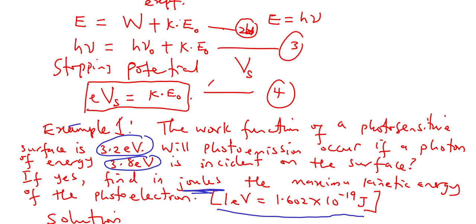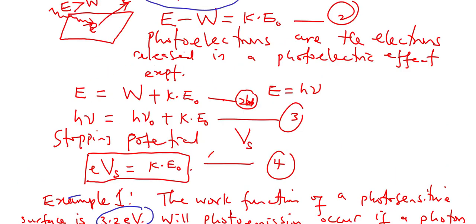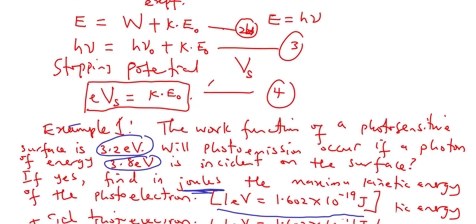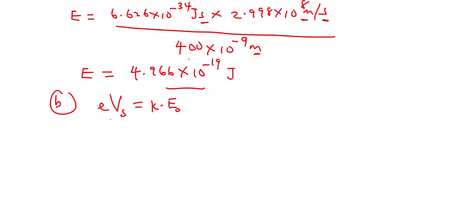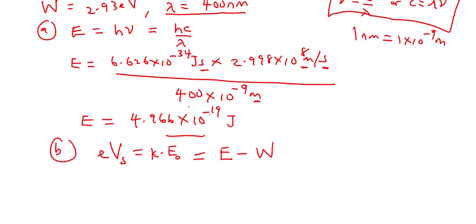The maximum kinetic energy can be obtained using equation 2, which is the energy of the incoming photon minus the work function of the metal.